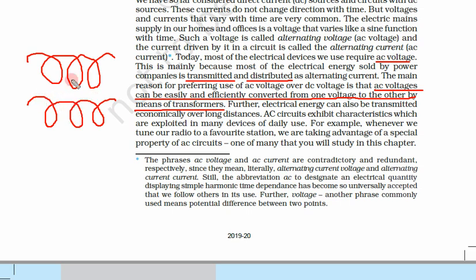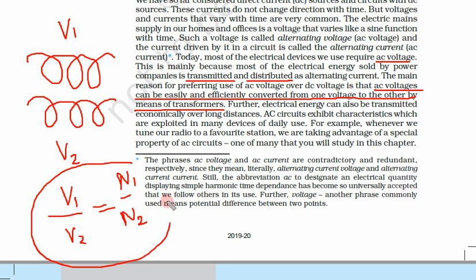Suppose the voltage on this coil is V1 and the voltage on the other coil is V2. The ratio of voltages V1 and V2 is equal to the ratio of the number of turns in coil 1 and coil 2. So just by changing the number of turns in the secondary coil, we can enhance or reduce the voltage.